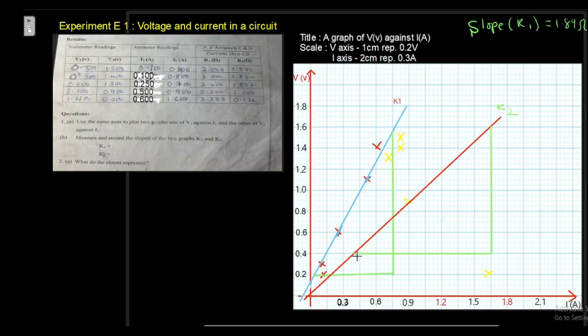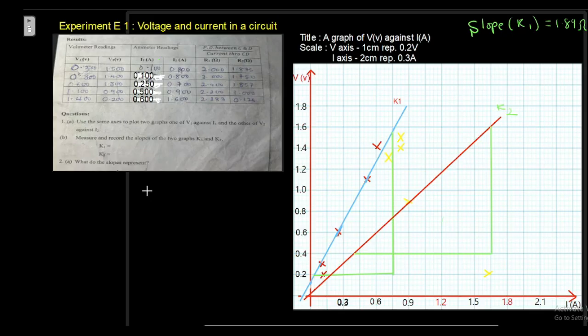It must not be a plotted point, and the points should not be close to each other. They should be such that we are going to have a big right angle triangle, because from the point up we draw a straight line down, from the point down we draw a straight horizontal line towards the right, and where they meet each other we stop and get a right angle triangle.